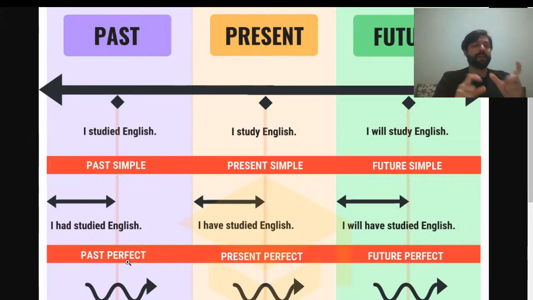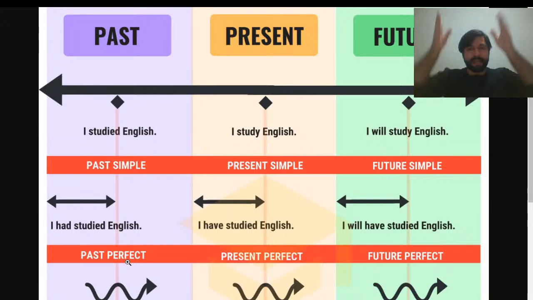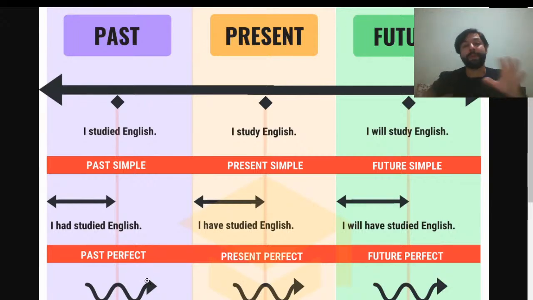Okay, so the third form: worked, done, gone, finished. Okay, the third form of that list of verbs. So we must have this, have in the third form, always. We must have both words.